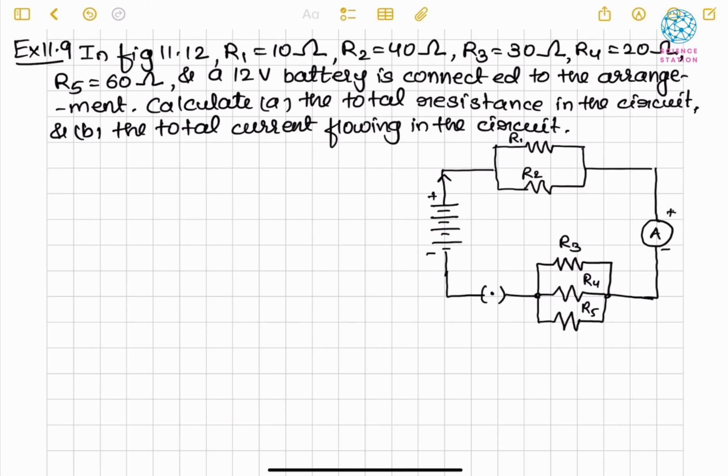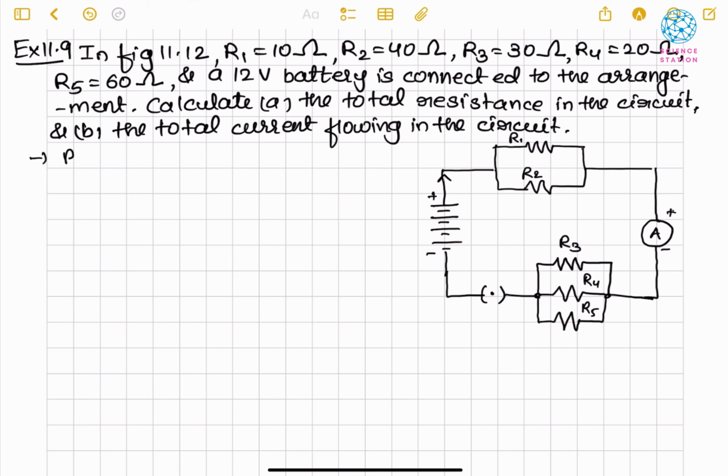Now example 11.9 says in figure 11.12 R1 equal to 10 ohm, R2 equal to 40 ohm, R3 equal to 30 ohm, R4 equal to 20 ohm and R5 equal to 60 ohm, and a 12 volt battery is connected to the arrangement. Calculate the total resistance in the circuit and the total current flowing in the circuit.